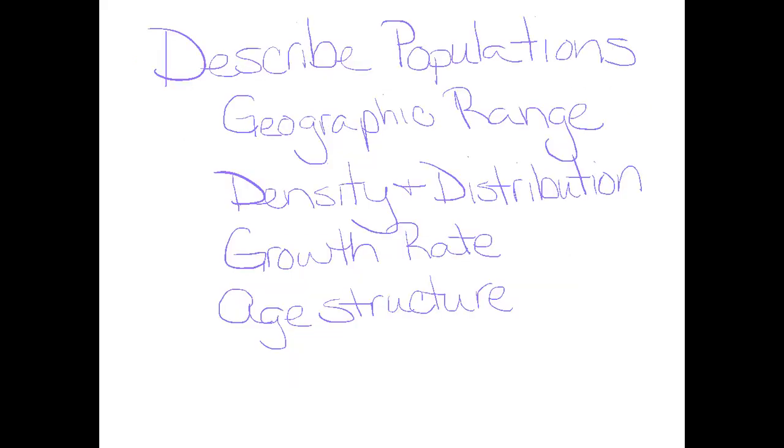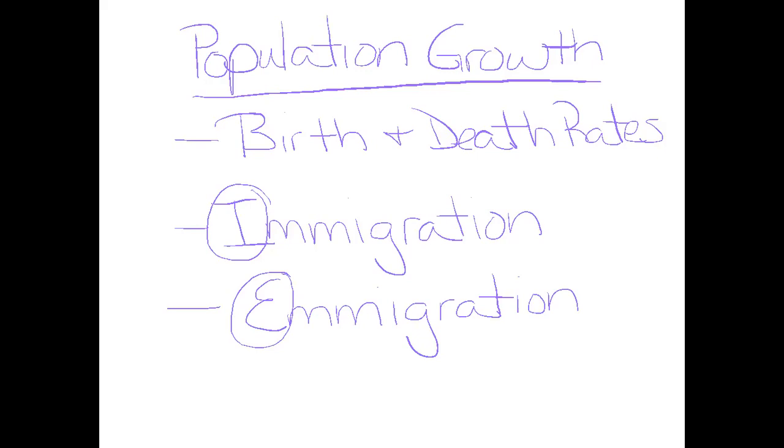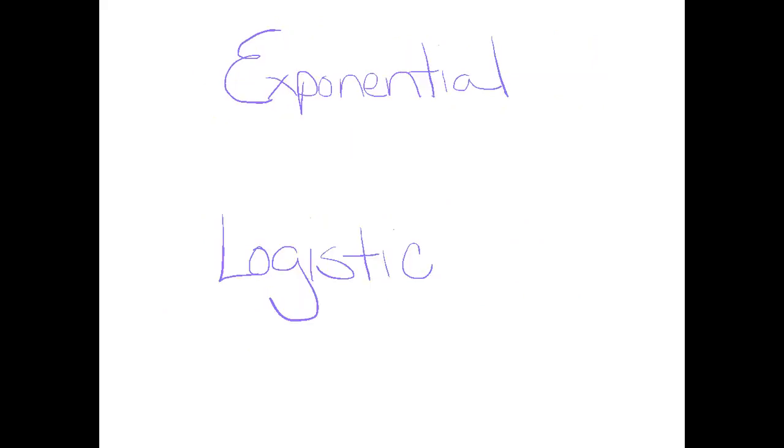For a quick review, remember what we talked about in this section was ways to describe a population, including its geographic range, its density and distribution, its growth rate, and its age structure. We talked in this section about population growth and the factors that affect it, like birth and death rates, immigration, which is organisms moving in to a population, and emigration, organisms exiting a population.